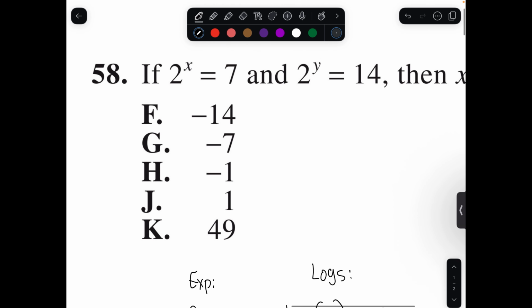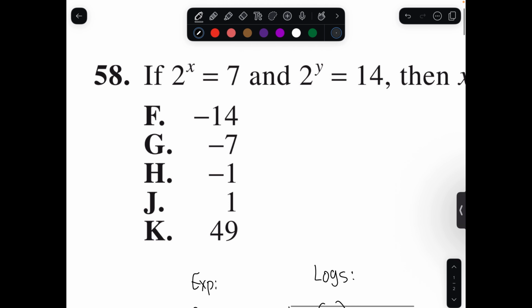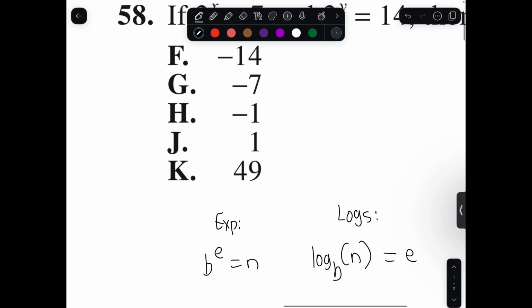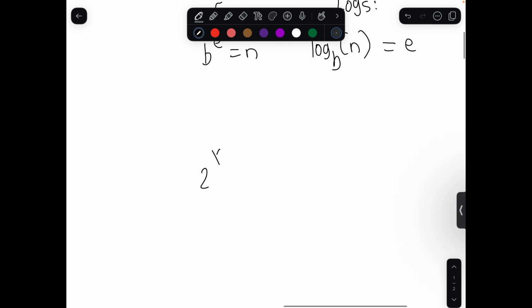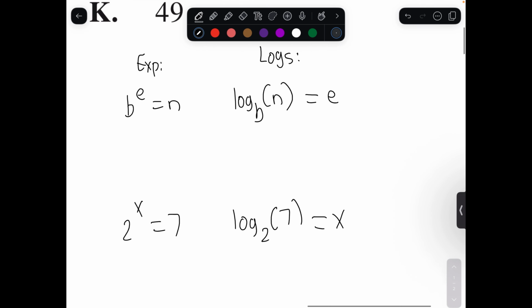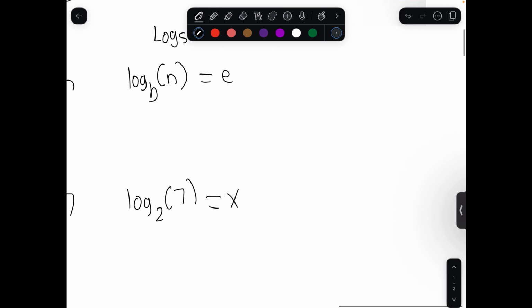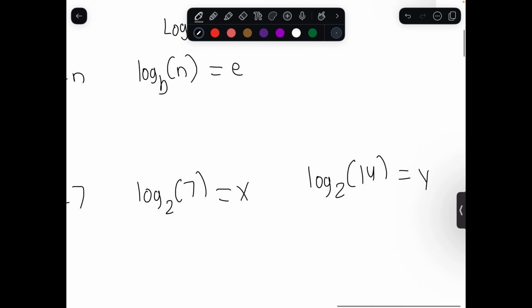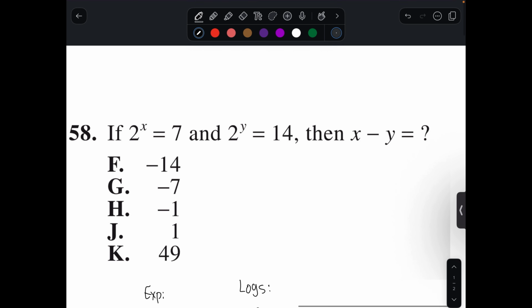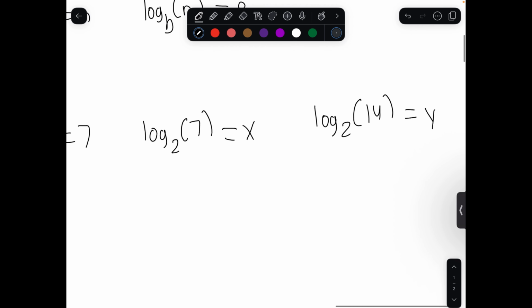So we can convert 2 raised to the power of x equals 7 into logs by writing it as 2^x equals 7. This can be rewritten as log base 2 of 7 equals x. And then this can be rewritten as log base 2 of 14 equals y. Now it's asking us for x minus y.